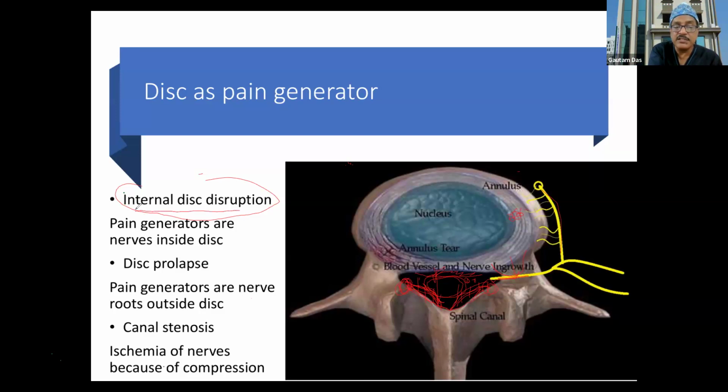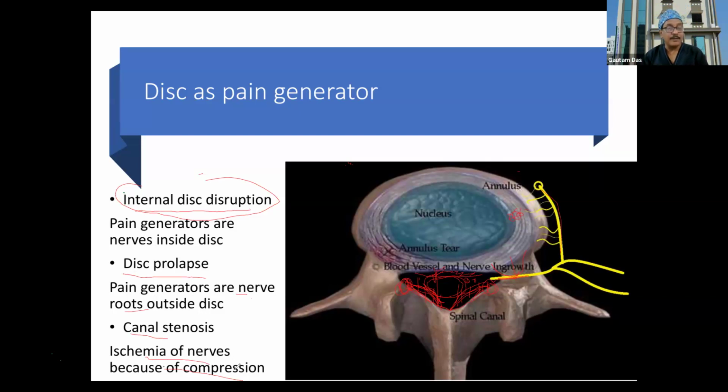So disc degeneration can present three ways. One is internal disc disruption causing back pain. Second is prolapsed disc, where the pain generator is the nerve root and it causes radiating leg pain. And the third one causes ischemia of the nerve because of the compression of the blood vessels, and they present with claudication. We call it neurogenic claudication, meaning the nerve is becoming ischemic. What will be the clinical features?